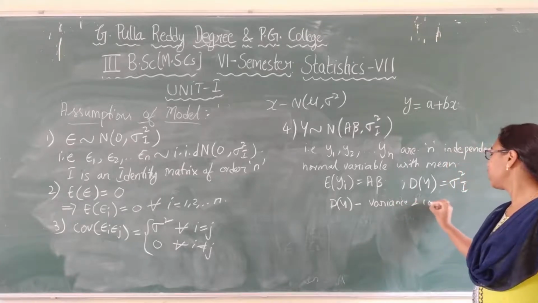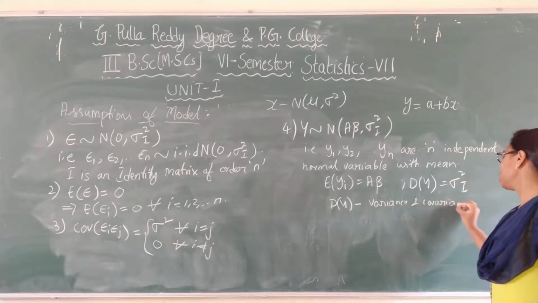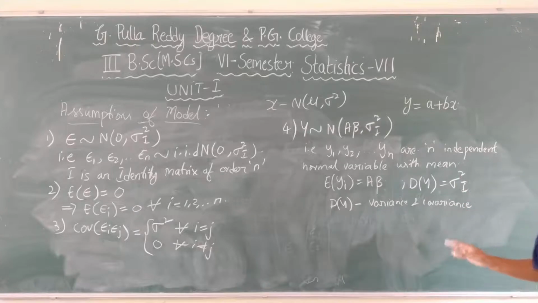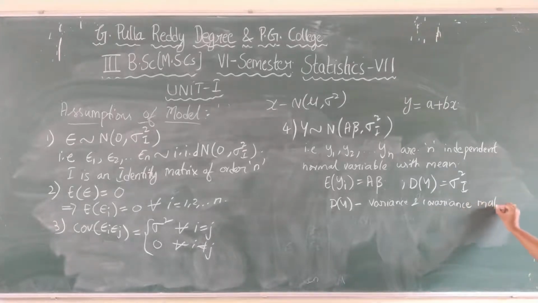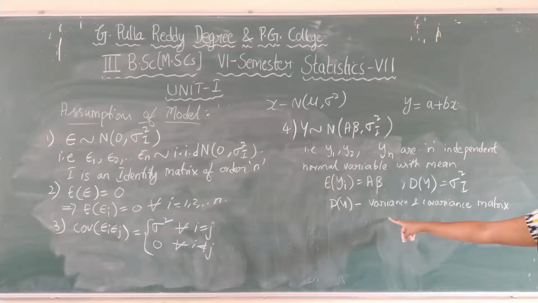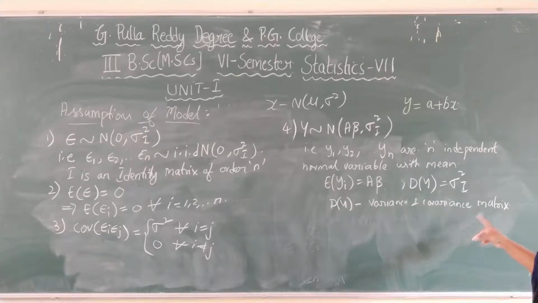Variance and covariance both indicate the dispersion, so this is called the dispersion matrix.